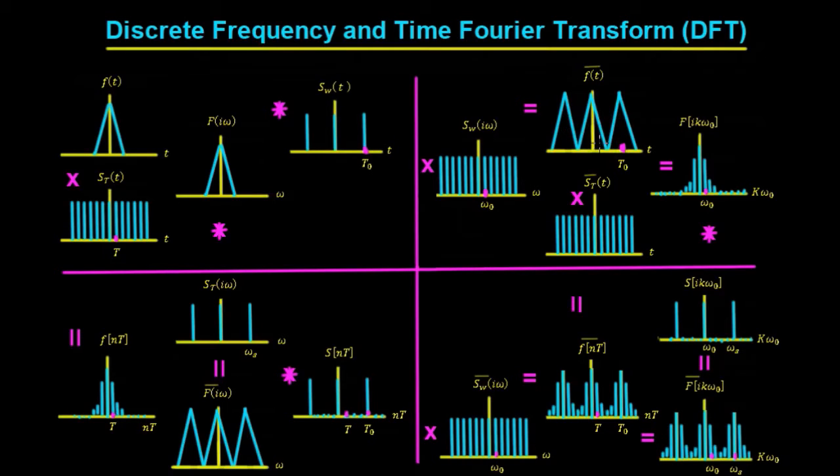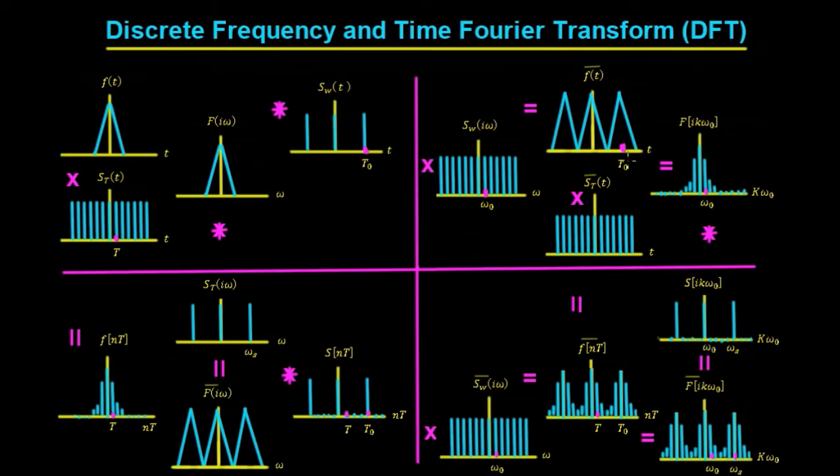So we can see then that whenever we are doing the discrete frequency Fourier transform, whenever we do the actual inverse transform going from frequency back to time, then we go from a discrete aperiodic function back to a continuous periodic function.